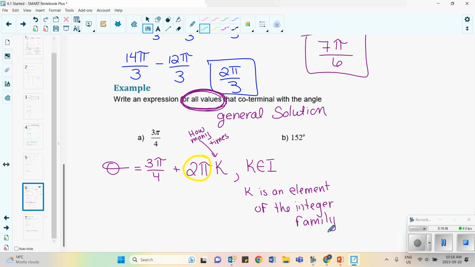So integers are positive, negative, whole numbers, and 0. Because we want to have full rotations, we can't have decimals. It can't be a real number. It has to be very specific. So k tells us how many times we go around, but we say k has to be a whole number, but can be positive or negative.